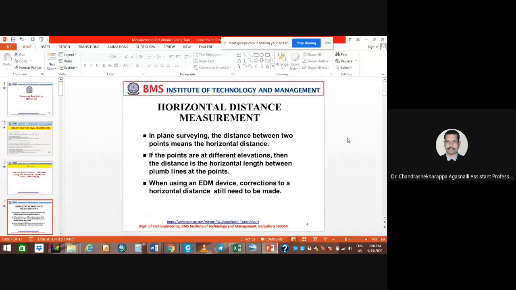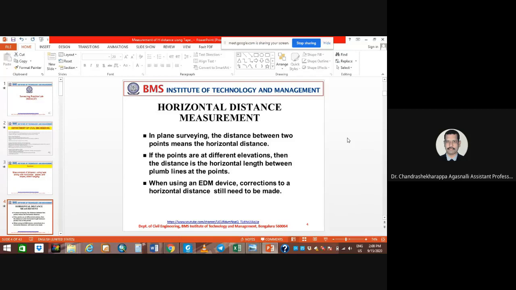If the points are at different elevations, then the distance is the horizontal length between the plumb lines at the points. That's called your slope. You have to take the readings at different elevations. One is at ground level, another is in an elevated area, or it may be on a small hill.